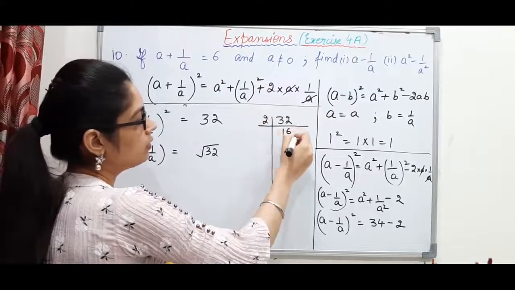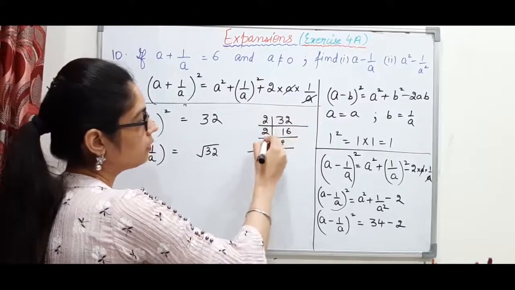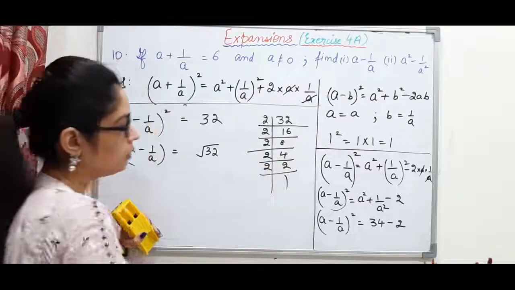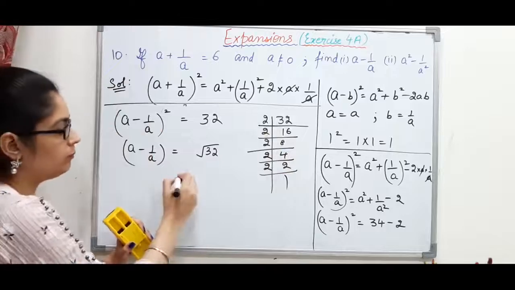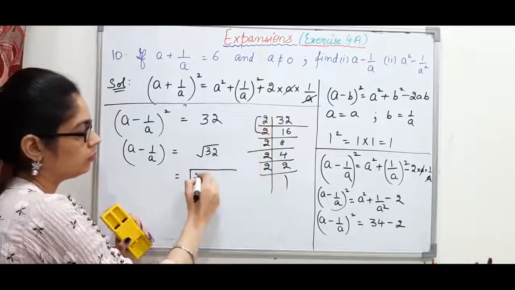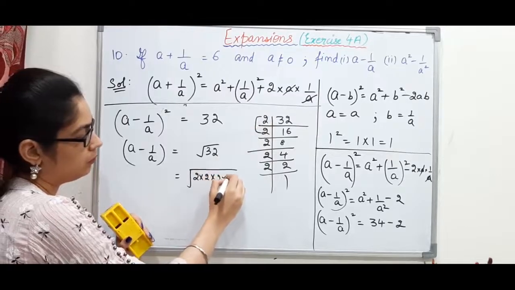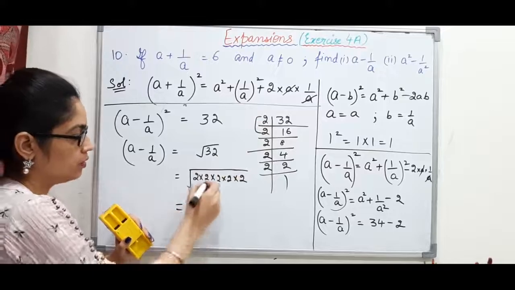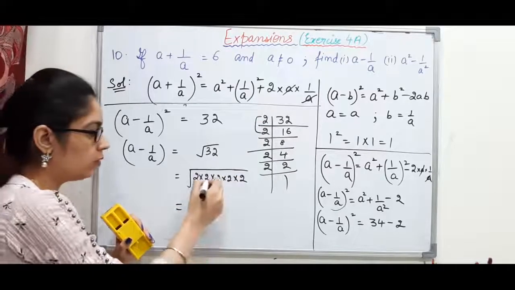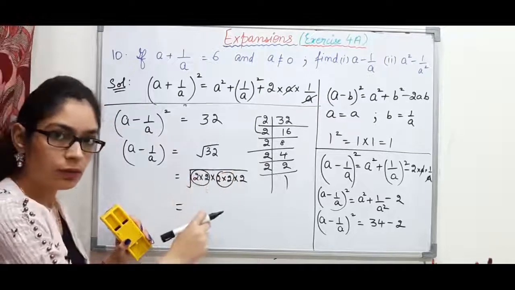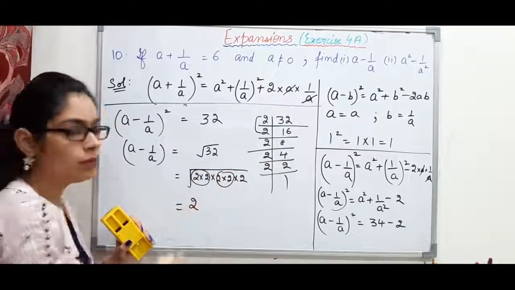2 into 16, 2 into 8, 2 into 4, 2 into 2 and 2 into 1. So these are the factors of 32. So I can write root 32 as 2 into 2, 2 into 2 into 2, 5 times 2. In a square root, as you already know, two numbers we can take out as one number.